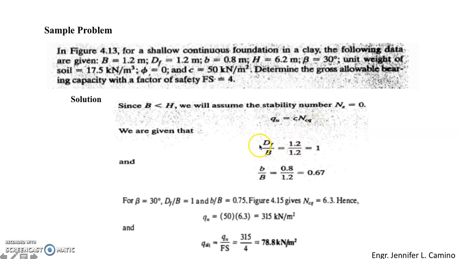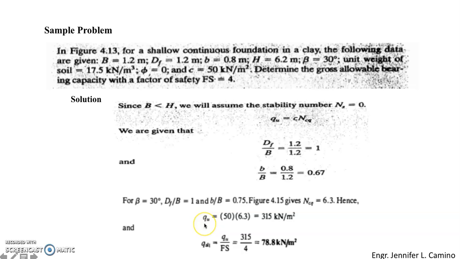And we are given the depth of embedment over the width of the foundation, that is equal to 1. The ratio between small b over capital B is 0.67. And of course, from the figure, if beta is 30 degrees, this ratio is equal to 1, and this other ratio is 0.75. The bearing capacity factor is equal to 6.3.